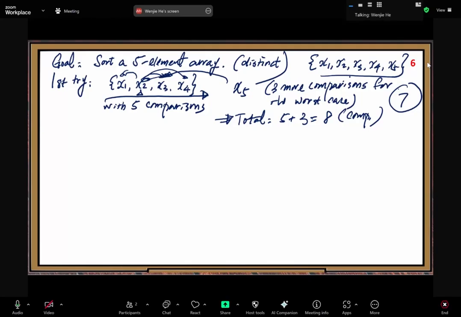All right, so let me try it. Let me use the remaining approximately, let's say, 10 minutes to find a better solution. So let's try a new idea, okay? For this new idea, we use our experience.